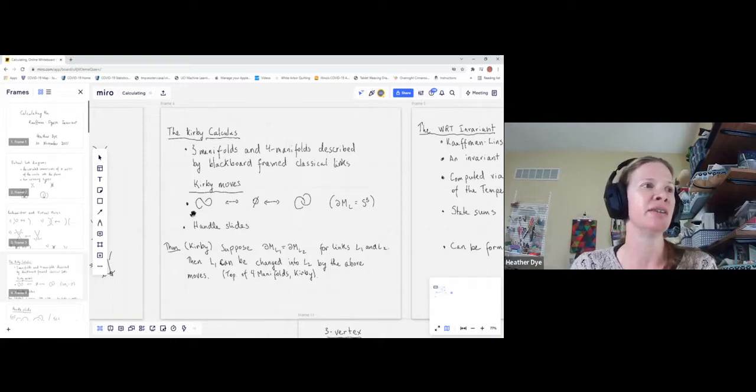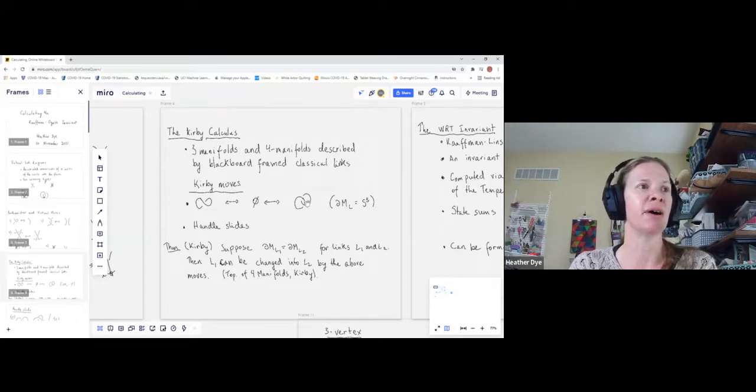The Kirby moves allow us to introduce or remove a knot with a single crossing in it, either plus or minus. And basically in the Kirby calculus, these are equivalent. So we can introduce this, which is the same as introducing nothing, and this is the same as introducing this Hopf link.